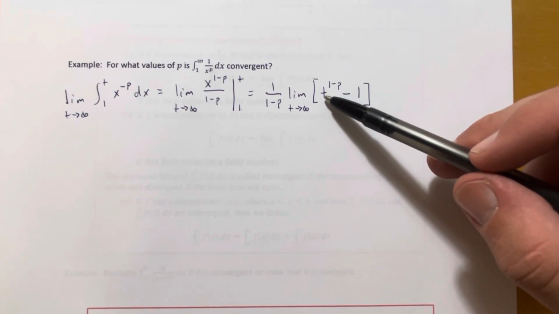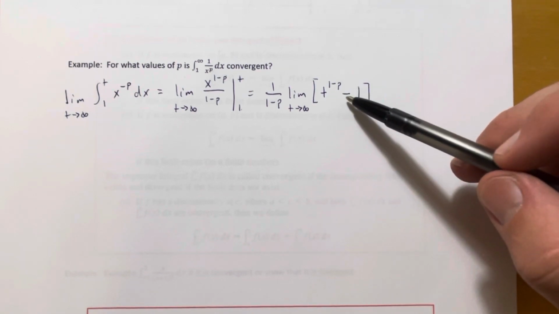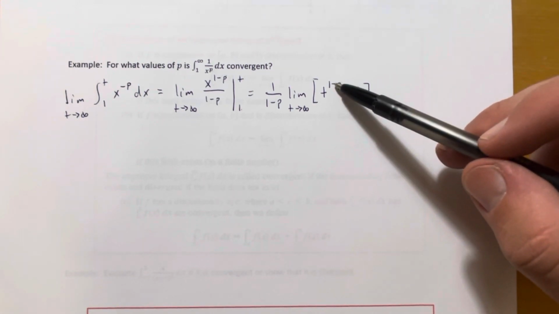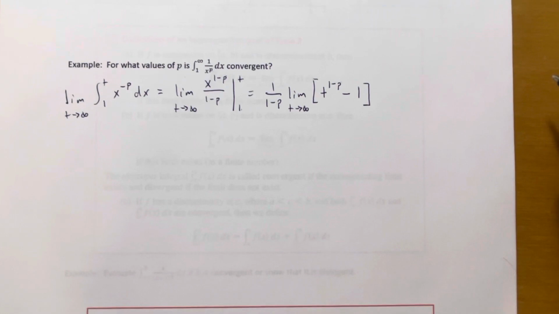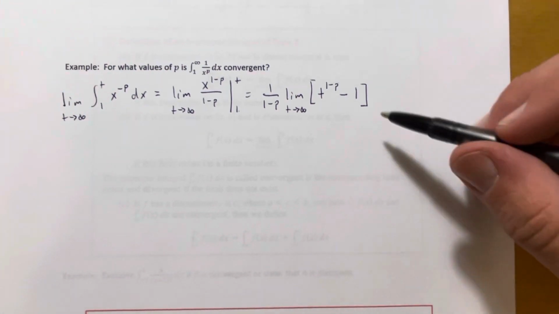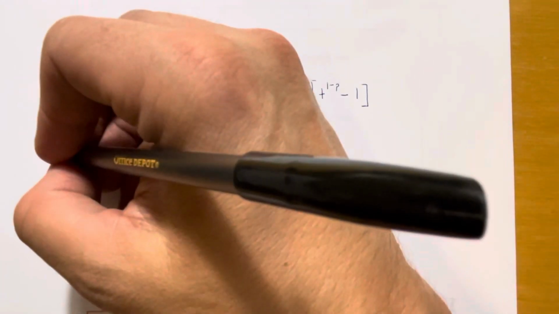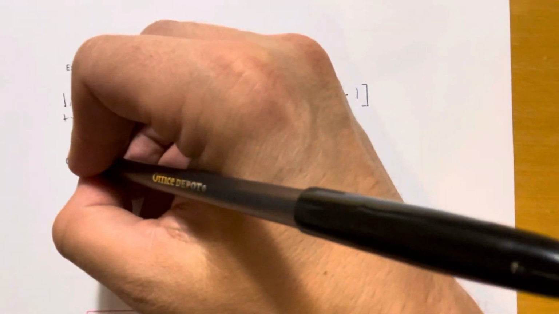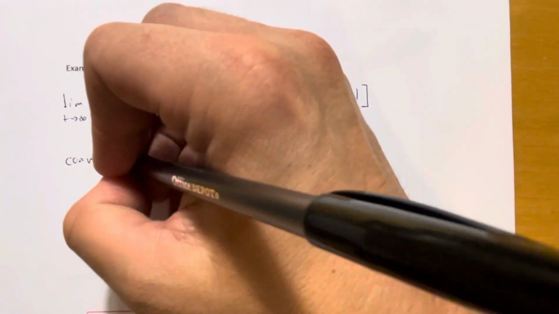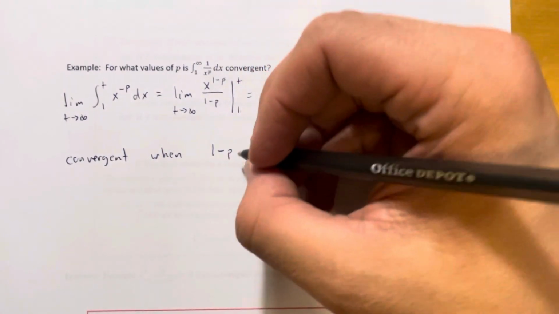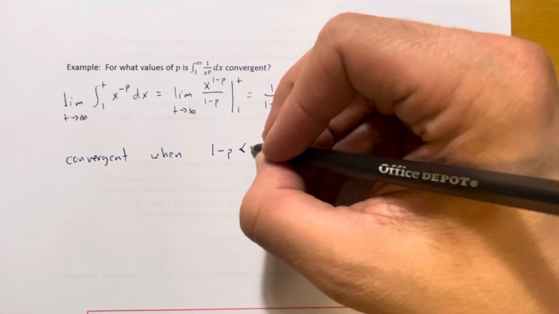That means I'm going to get a really large denominator as t goes towards infinity, which sends this thing off to 0, and this thing would be convergent. Okay, so let's focus only on when it's convergent. It's convergent when 1 minus p is negative, less than 0.